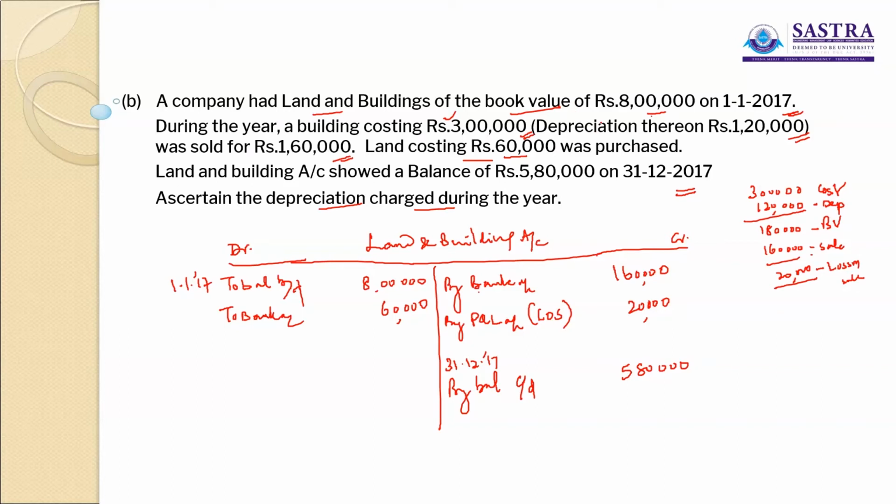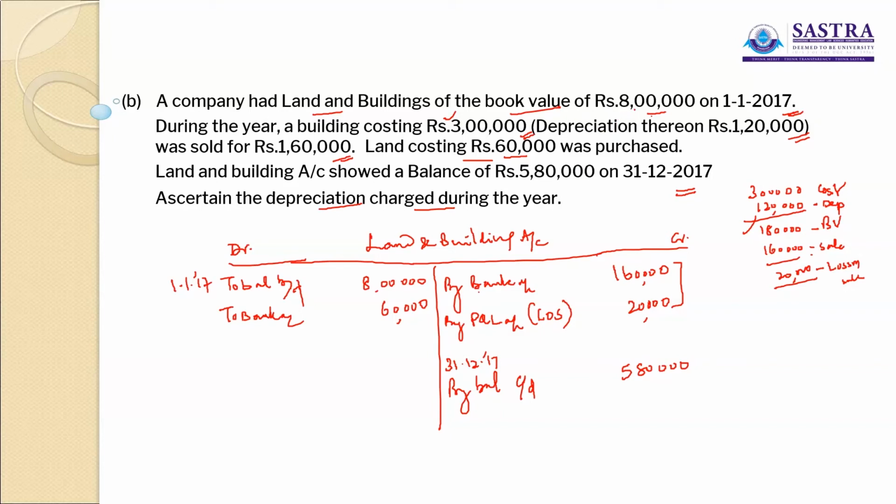So opening balance and the closing balance and the book value of building sold 1,80,000 is given effect in the ledger. If it is taken in the form of cost value, we have to account even the depreciation on assets sold. Whereas here, the opening and the closing balances are at book value.